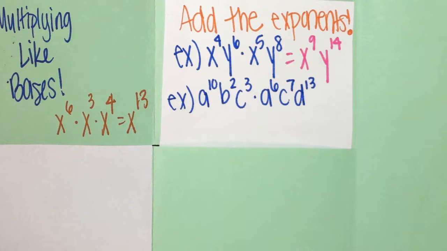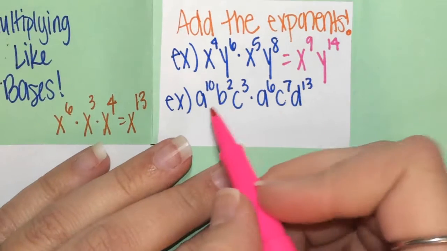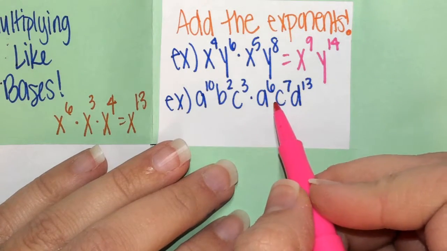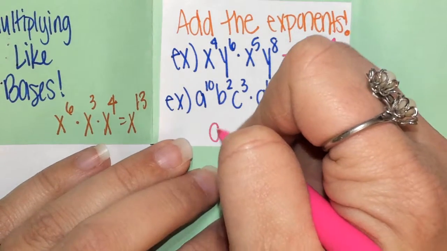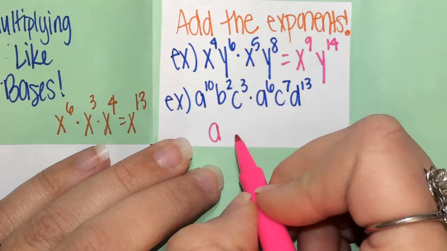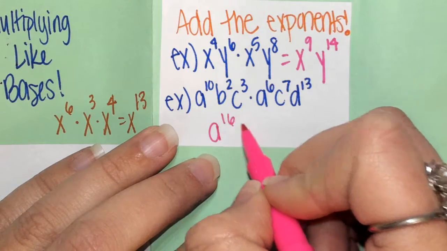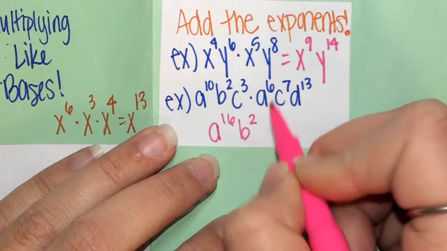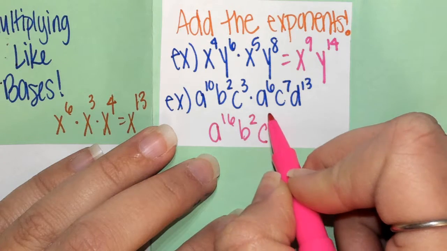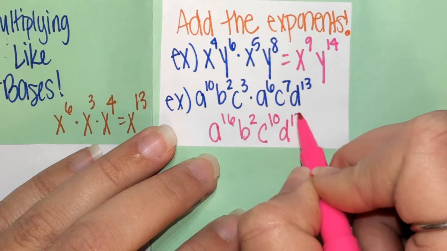Now, what can I combine together for this one? A and C. That's it. So it would be a to the what? And then you write b squared. c to the what? And d to the 13th power.